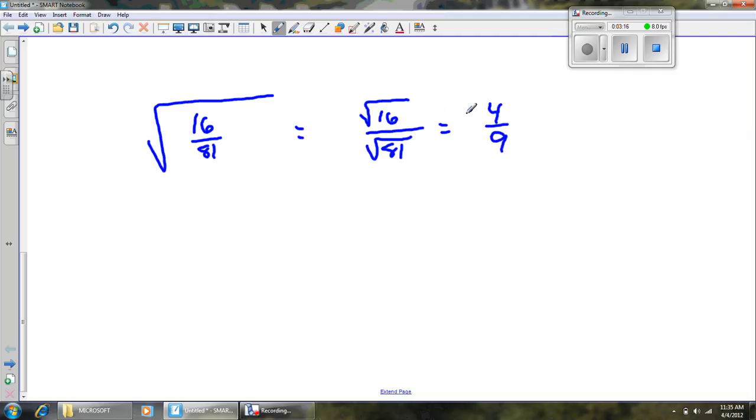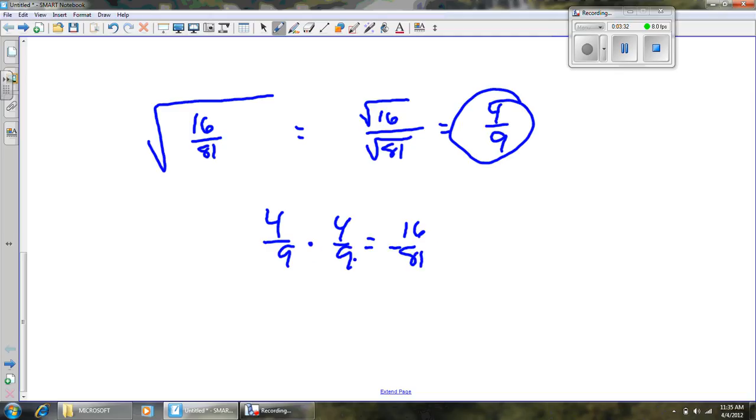I just took the rad of 16. So rad 16/81 is the same as 4/9. And you can check that. 4/9 times 4/9. 4 times 4 is 16. 9 times 9 is 81. So sure enough, the rad of 16/81 is 4/9.